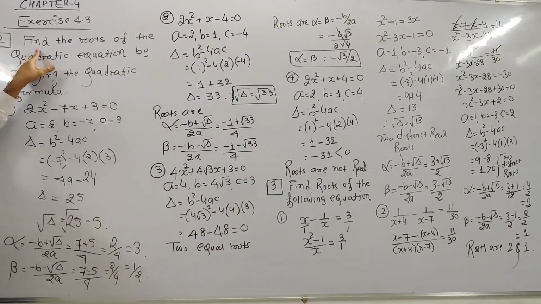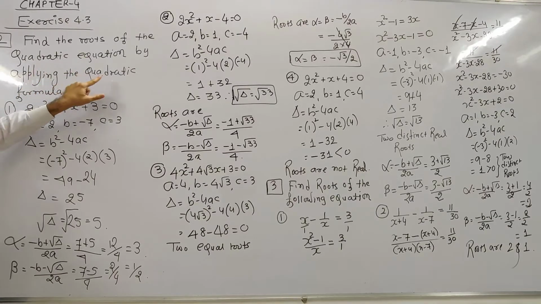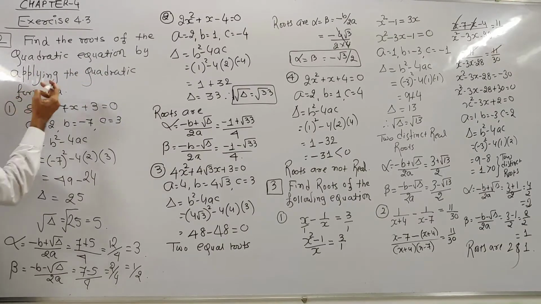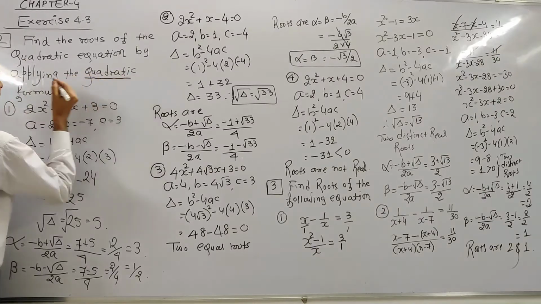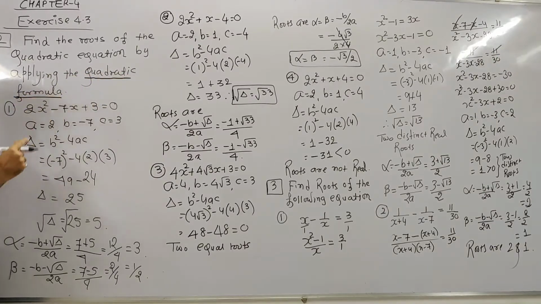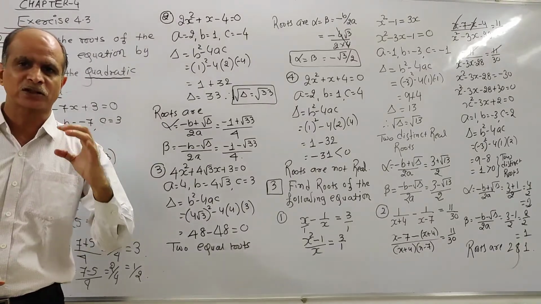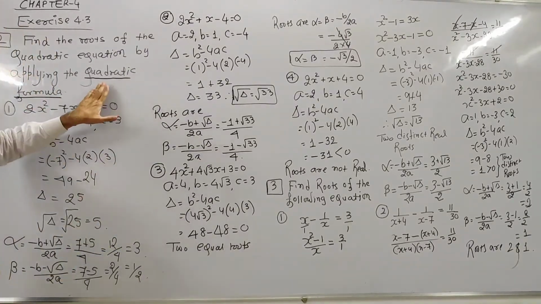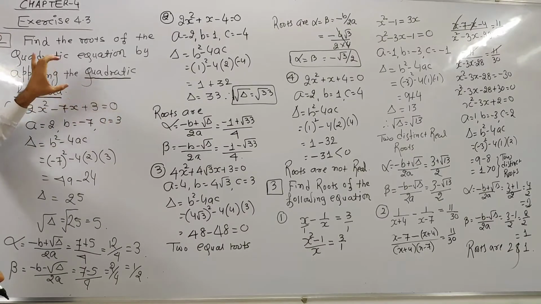Find the roots of the quadratic equation by applying the quadratic formula. Here you have to apply quadratic formula. So you can't use factor method or completing square method, because here they mention to use quadratic formula.